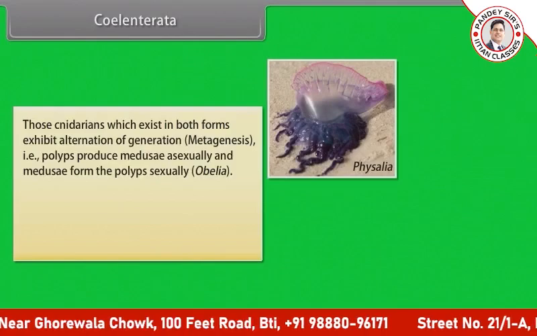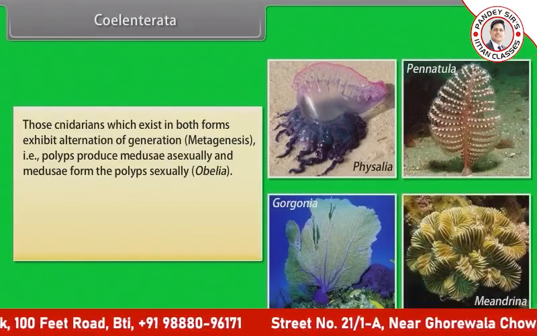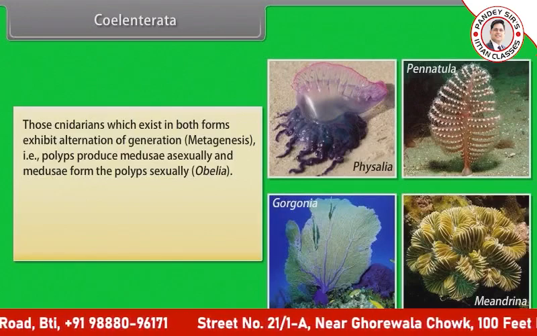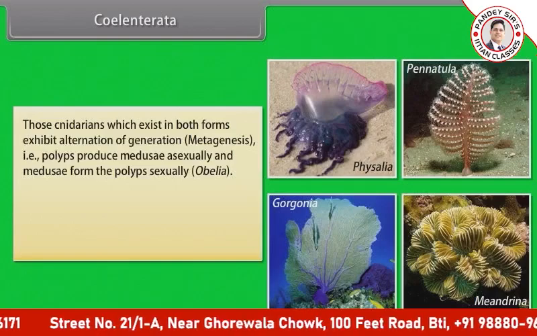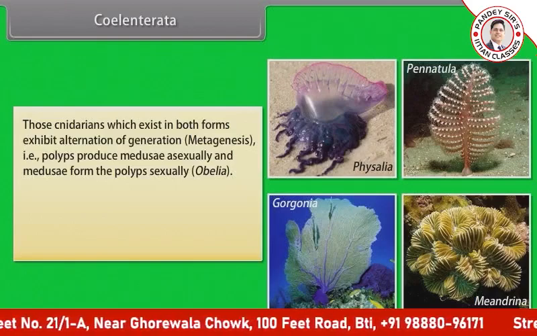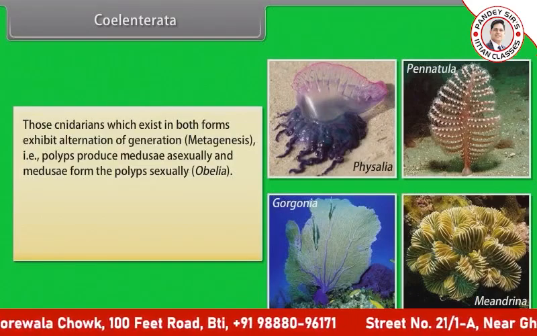Those cnidarians which exist in both forms exhibit alternation of generation, for example, metagenesis, that is, polyps produce medusae asexually and medusae form the polyps sexually, for example, Obelia.